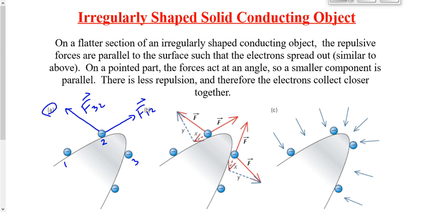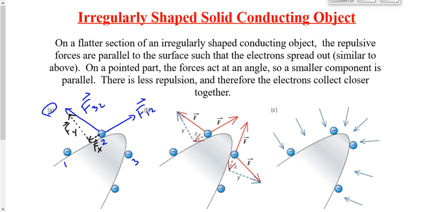That pushes it kind of up and to the left. I want to break F32, however, down into 2 components. We'll call this the y component of F32, and we'll call this the x component of F32.